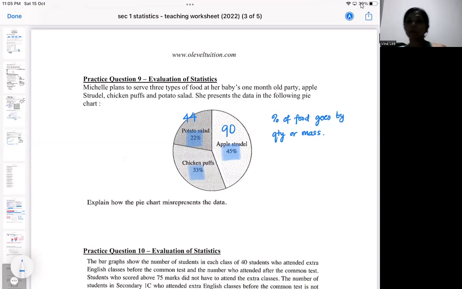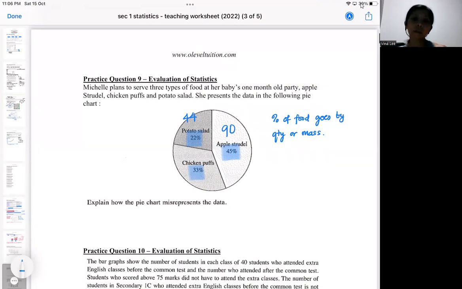Maybe it goes by mass, and when I go there, maybe the potato salad is just a few servings because potato salad can be quite heavy. So in this context, the confusing part is we will not know whether the percentage of food goes by quantity or by mass.